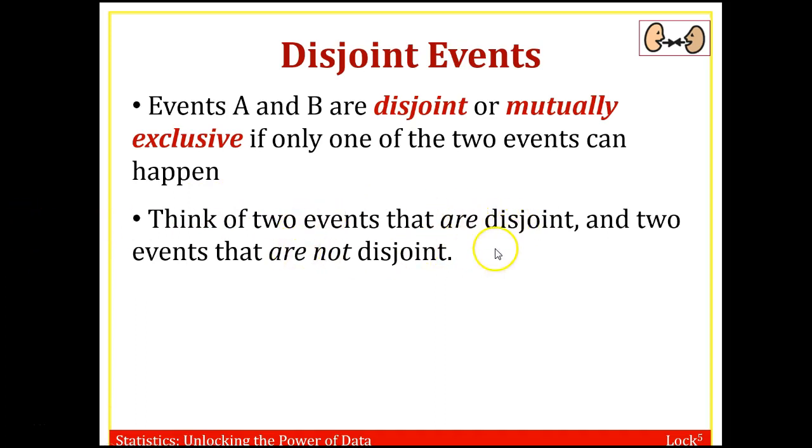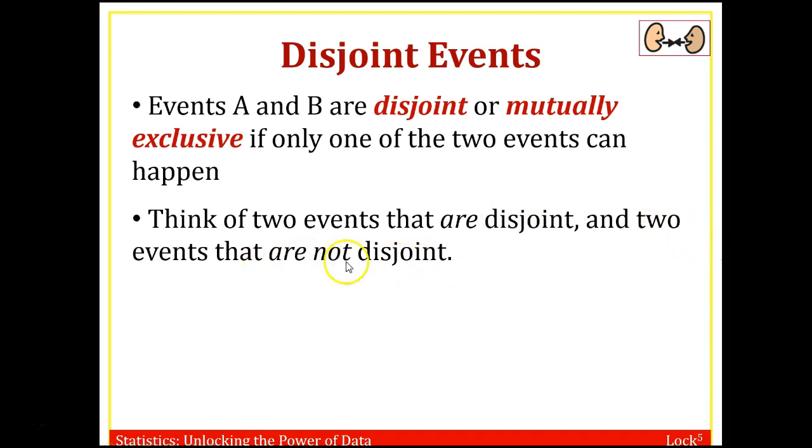Let's say two events that are disjoint. I think the most basic one is if you flip a coin, the only two events that could happen are getting heads or getting tails. Those two events are disjoint. If you get heads, you can't get tails. If you get tails, you can't get heads.